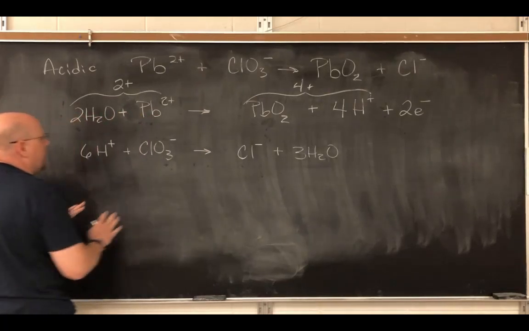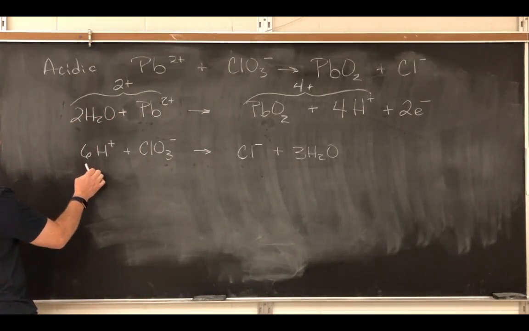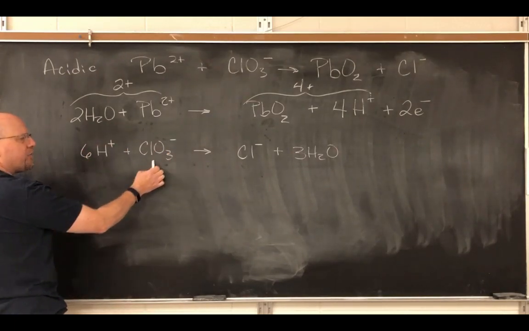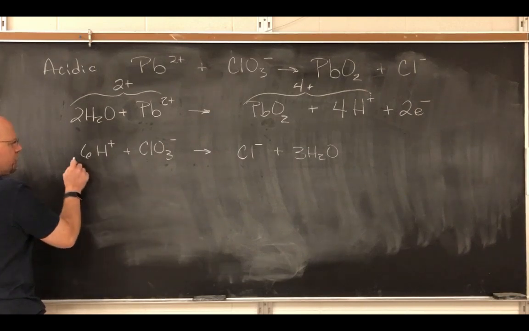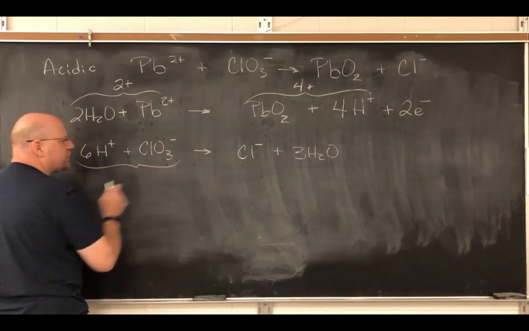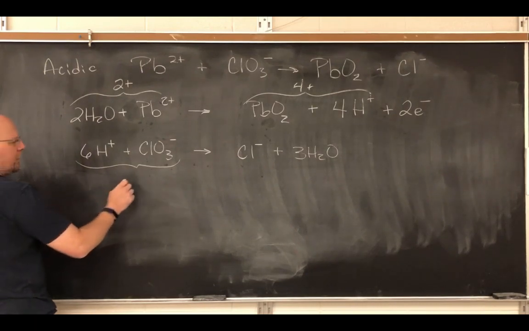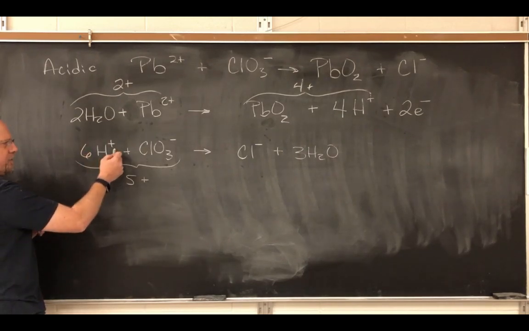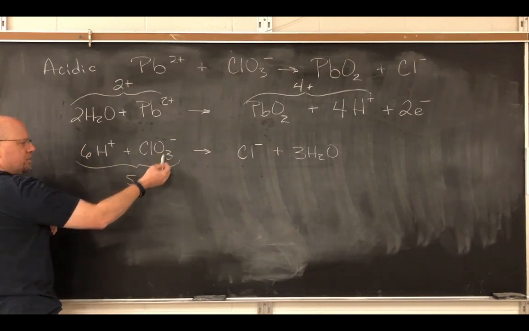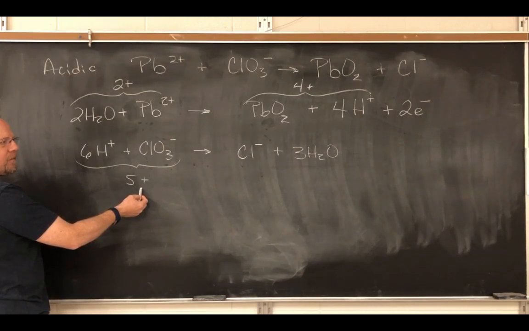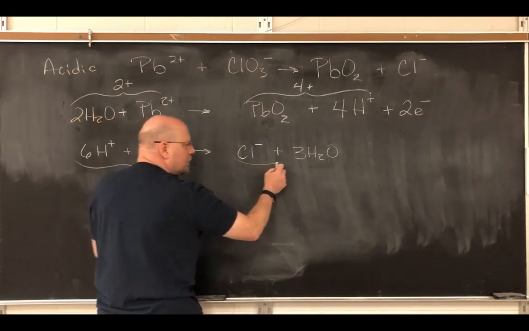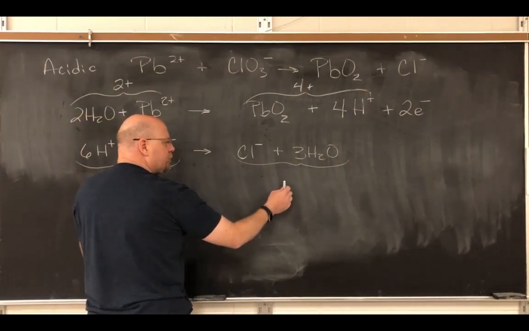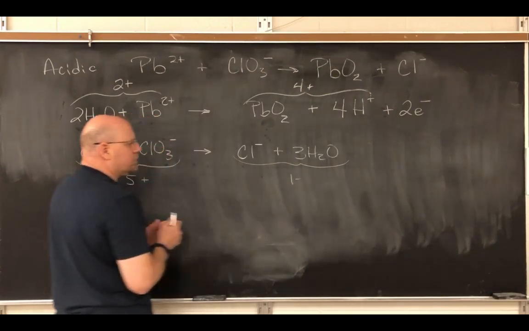Let's go to this half reaction. In this half reaction, we've got a 6 positive from our hydrogens, and we've got a negative from our chlorate. If we look at the total charge of this side, we are going to see that it has a 5+ charge. We've got the 6 positives and the 1 negative, which gives us a 5+. On this side, we have a 1 negative. This is neutral, so we have a 1 negative total.